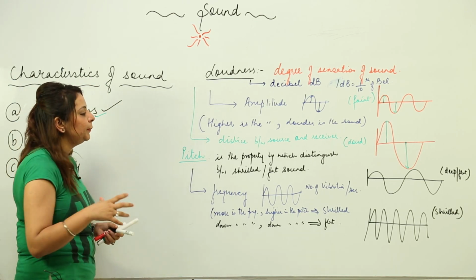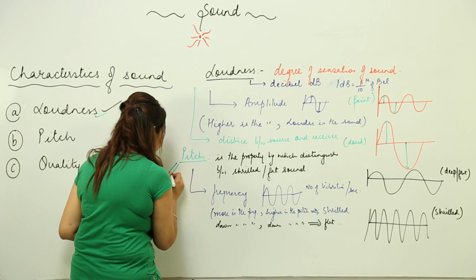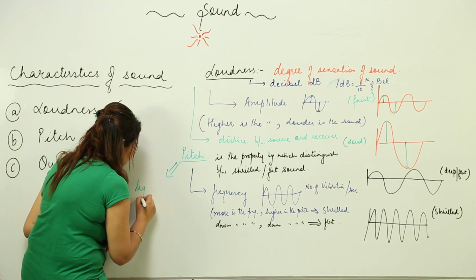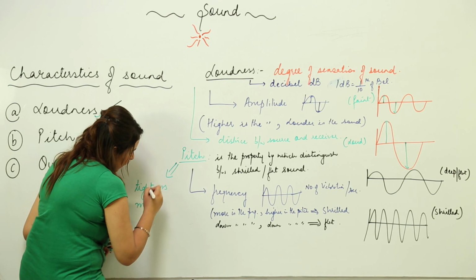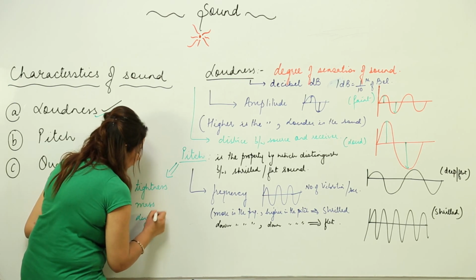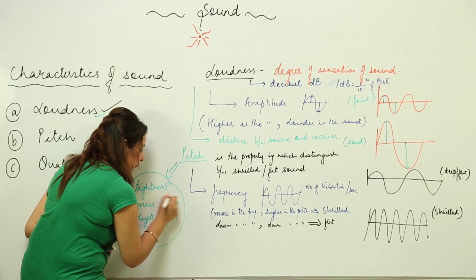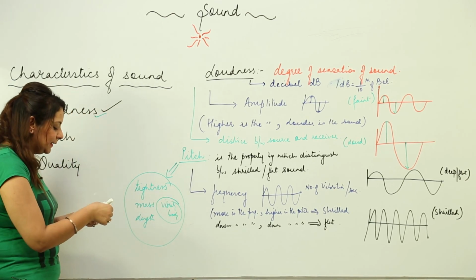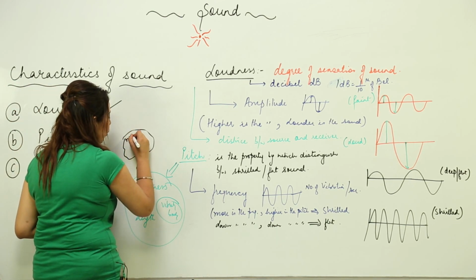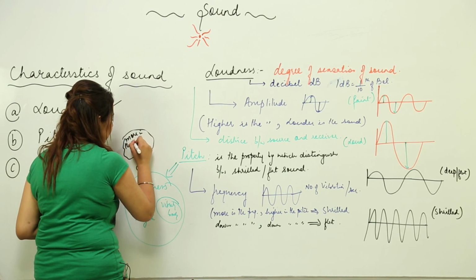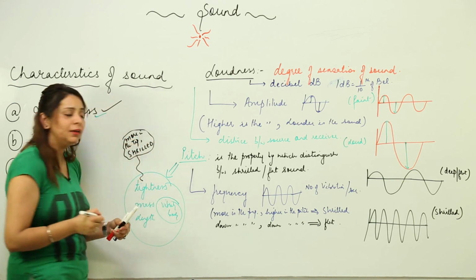And you know that pitch also depends upon some other factors. It depends upon tightness, it depends upon mass, and also it depends upon the length of the vibrating body. Like, the more the tightness, I'll write here, more is the tightness, shrill is the voice, that means sharp is the voice.